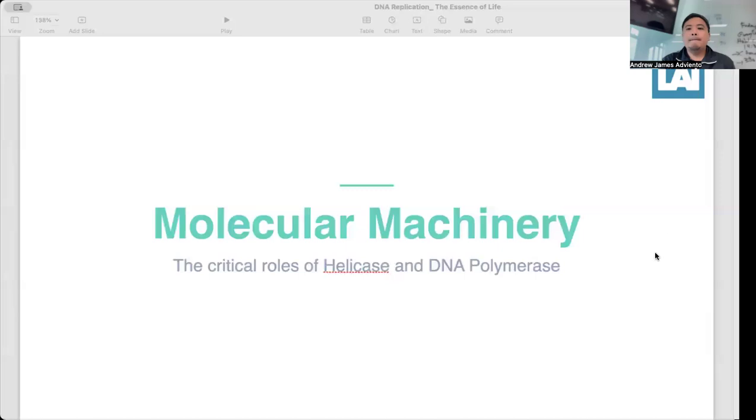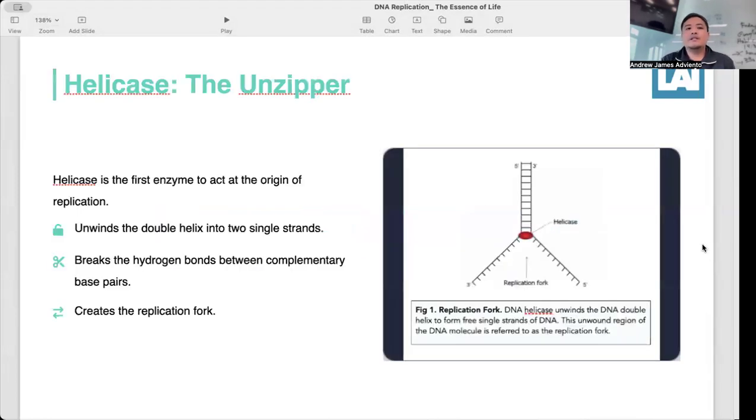Molecular machinery. These are the critical roles of helicase and DNA polymerase. These are the workers of this process, and in IB, you need to master two specific enzymes. The first is helicase, which is the zipper.